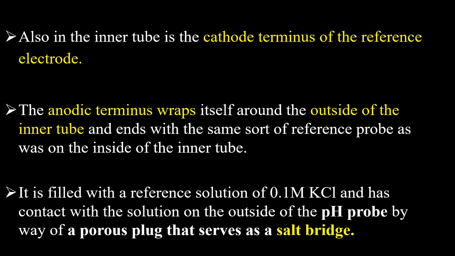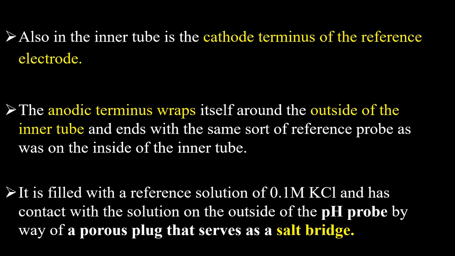Also in the inner tube is the cathode terminus of the reference electrode. The anodic terminus wraps itself around the outside of the inner tube and ends with the same sort of reference probe as was on the inner side of the inner tube.